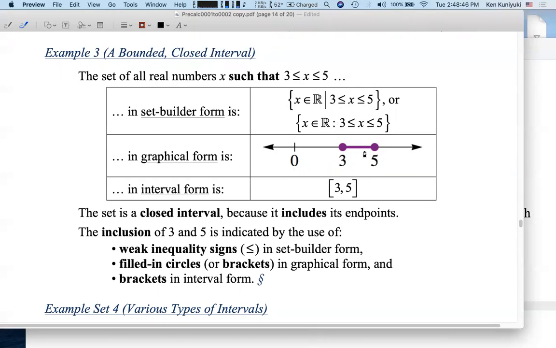In graphical form, you can see this barbell where instead of hollow endpoints, we have solid endpoints at 3 and 5. We fill in the dots here. In interval form, we don't have open parentheses, we have closed brackets. The 3 and the 5 are included in this set. So these are 3 different representations of the same set. It includes 4, 3.5, pi, and also 3 and 5 themselves. It's a bounded closed interval. This time we include the endpoints at 3 and at 5.